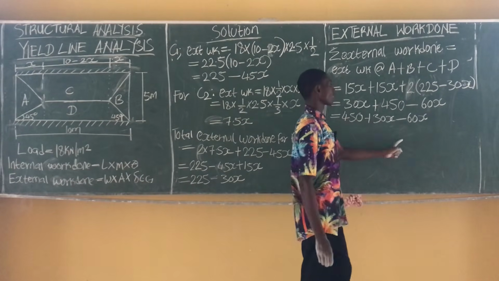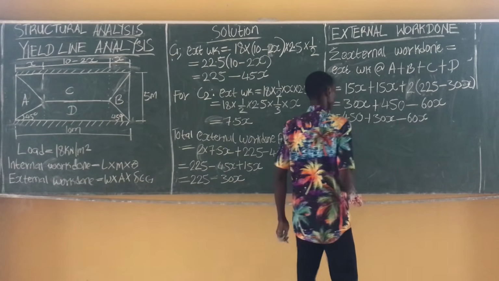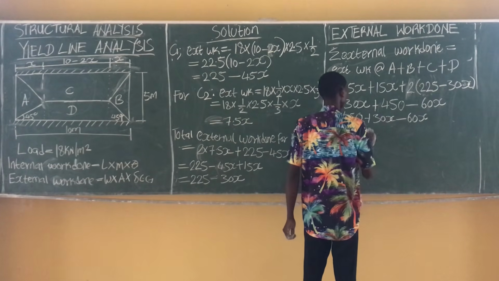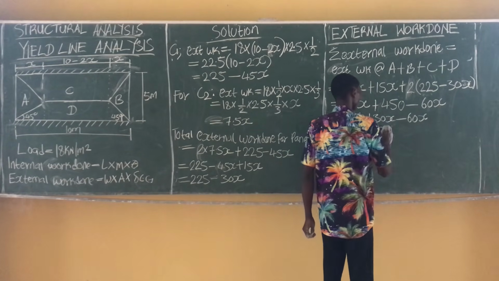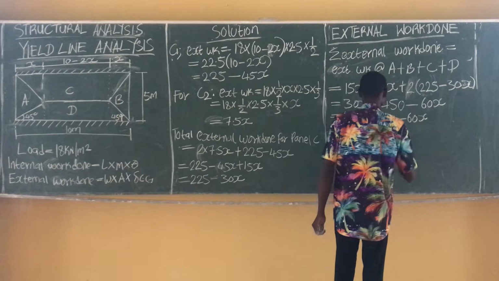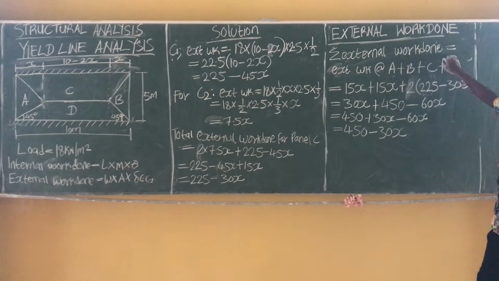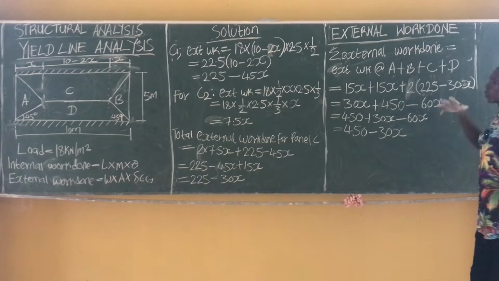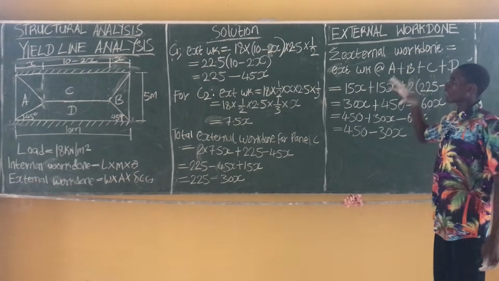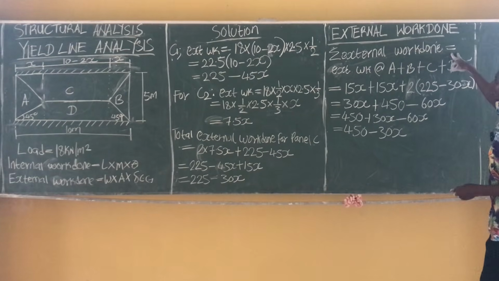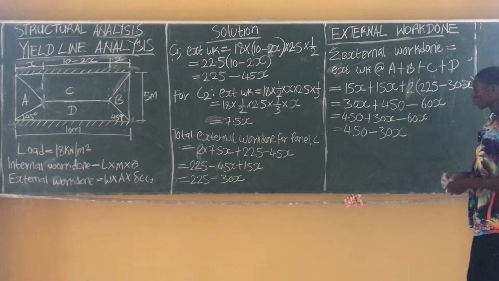So plus 30x minus 60x will give us minus 30x. So we have this to be equal to 450 minus 30x. So we have been able to get the summation of our external work done, and we had gotten the summation of our internal work done earlier. So our next step will be to equate our external work done to our internal work done.